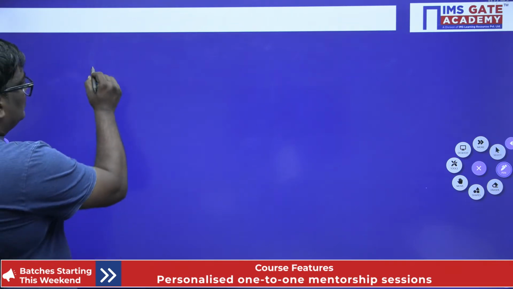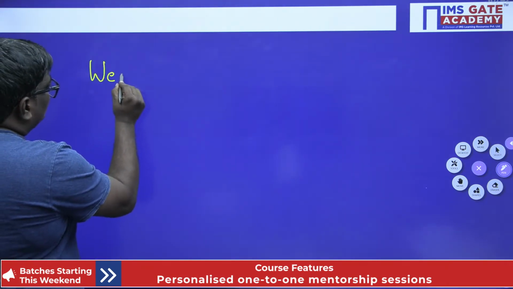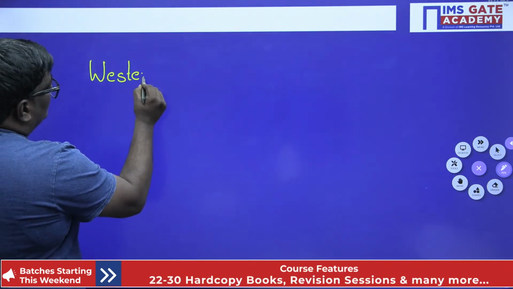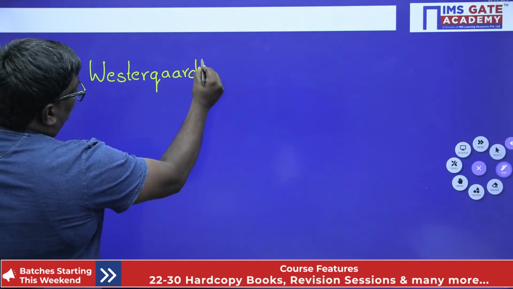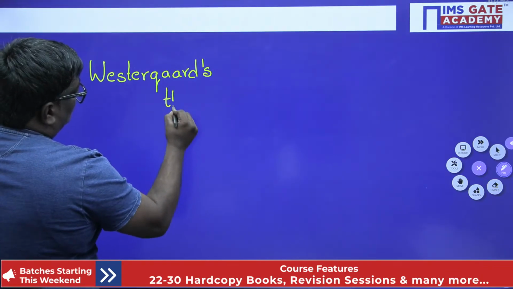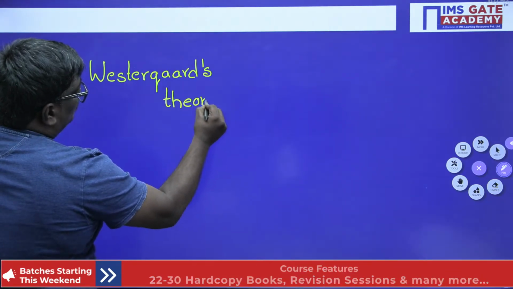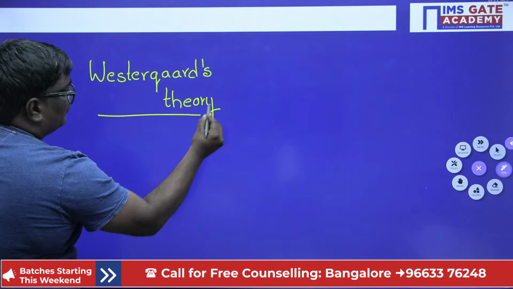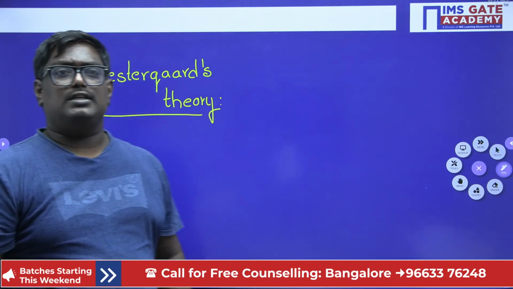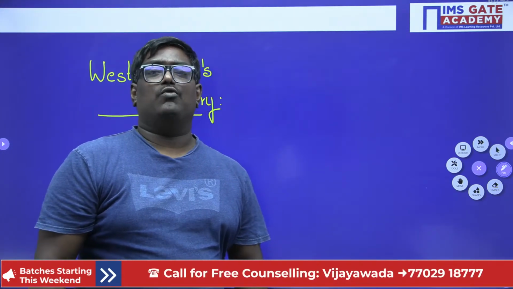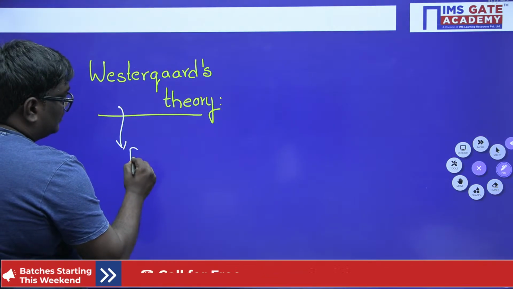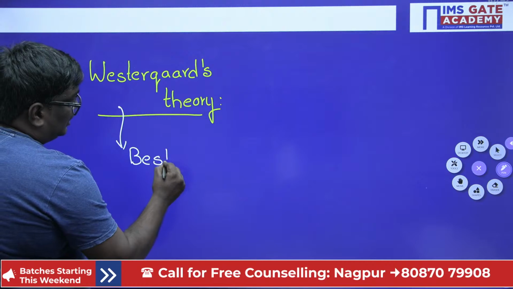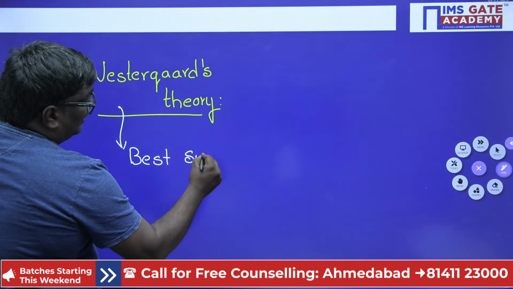Now see students, we have another theory called Westergaard's theory. I told you Boussinesq's theory is best suited for shallow foundations. But Westergaard's theory is best suited for stratified soil.